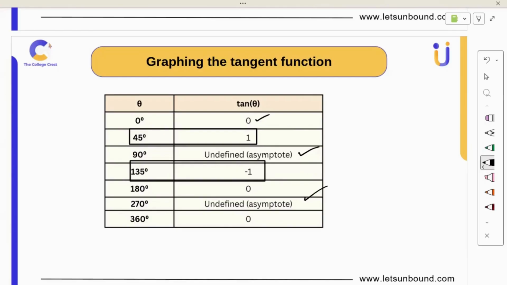At 0, 180, 360, that is n pi, tan becomes 0. At odd multiples of pi by 2, there will be a vertical asymptote. So this is enough to sketch the tangent function.